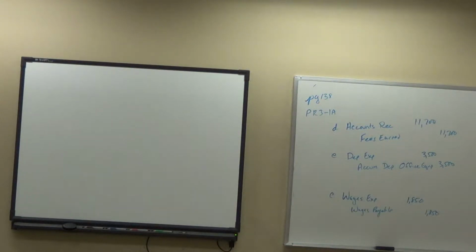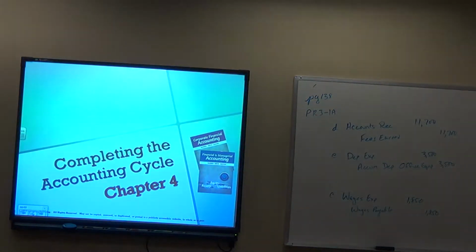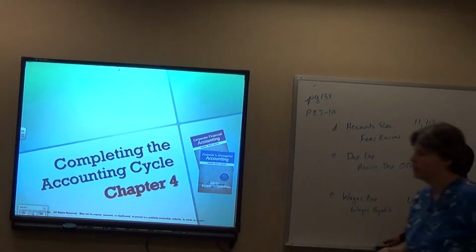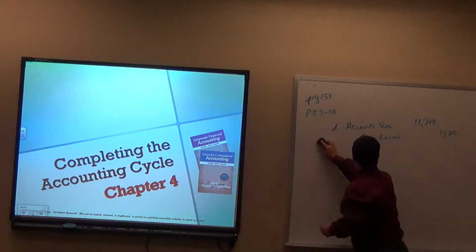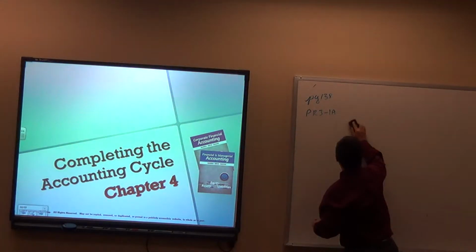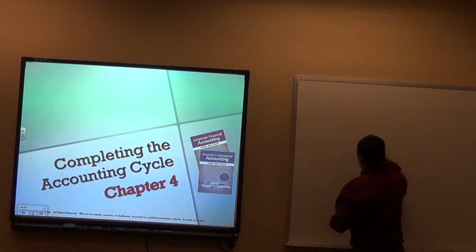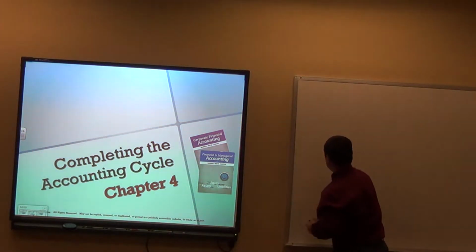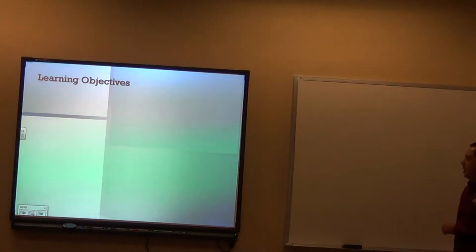So, completing the accounting cycle, we've gone through basically what the financial statements look like, debits and credits, how to post, how to move them over to their accounts, and we've also done the adjusting entries. So now we're going to complete the accounting cycle and kind of go through everything that it entails.